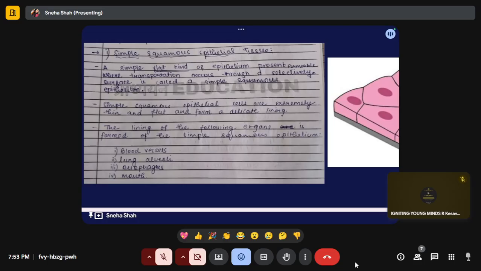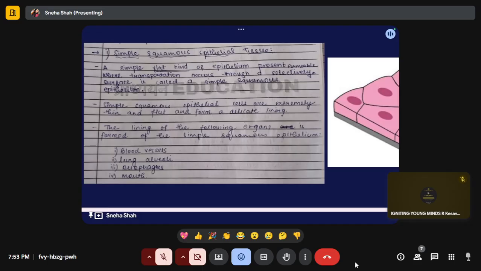It contains hemoglobin, the particle that carries oxygen with it. So blood vessels have to have a very thin layer through which easy transfer of materials can happen. So simple squamous epithelium is present in blood vessels.